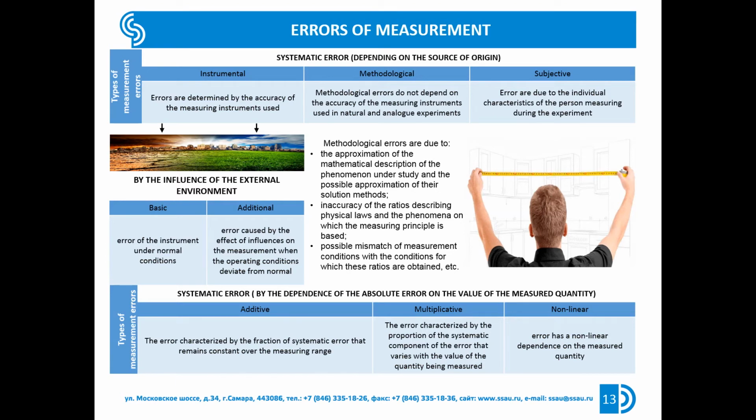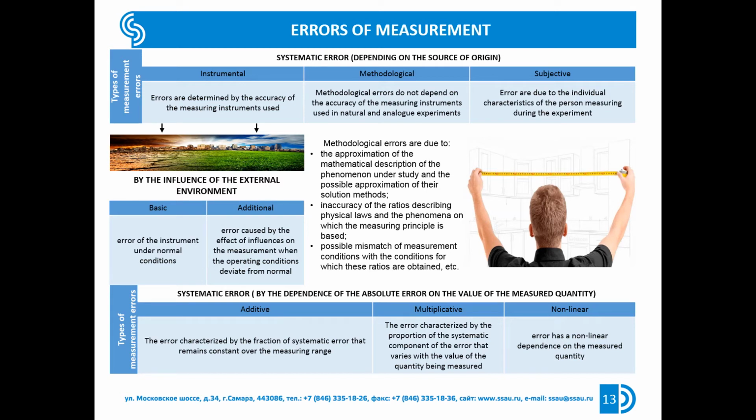Normal conditions are those under which the conditions affecting the measuring results, temperature, humidity, pressure, etc., are within the specified range. Additional error is the error caused by the effect of the influences on the measurement when the operating conditions deviate from normal. In some cases, instrumental errors can be eliminated by making corrections.